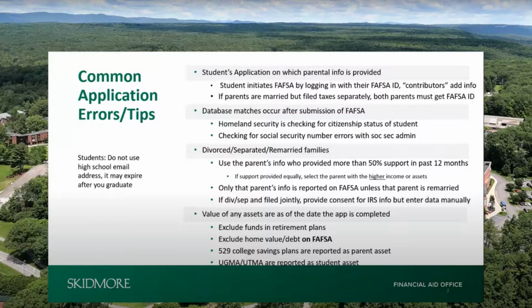A reminder that we know parents are super helpful in this process to students, and they're helping them complete the financial aid application. And that's awesome and wonderful when that can happen. And if the parent's helping by completing the application, they need to remember that it's the student's application on which parental information is provided.